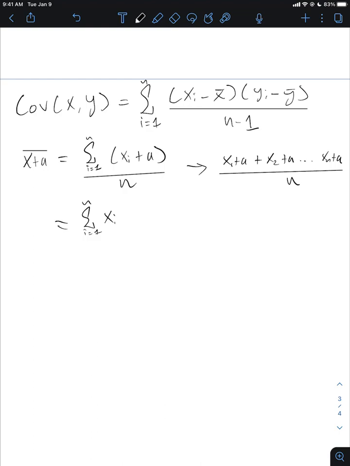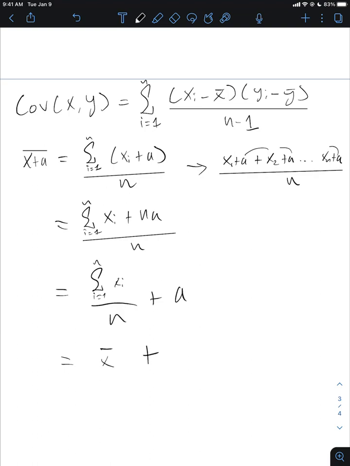Another way to think about it is that if we counted up all these a's here, we would have n of them. So we have the sum of xi plus na, over n. And then we can just break that up into two separate things: the sum of xi over n, which equals the mean, plus na over n, which just equals a.